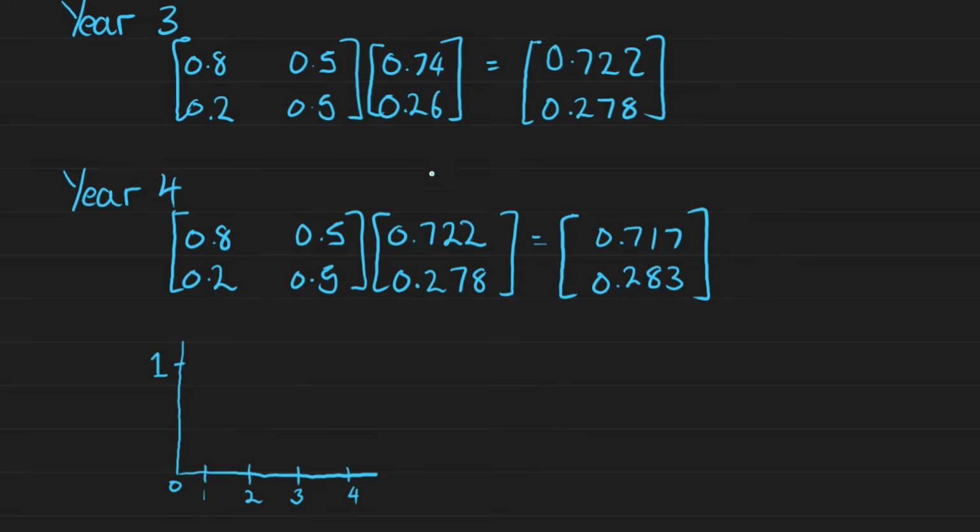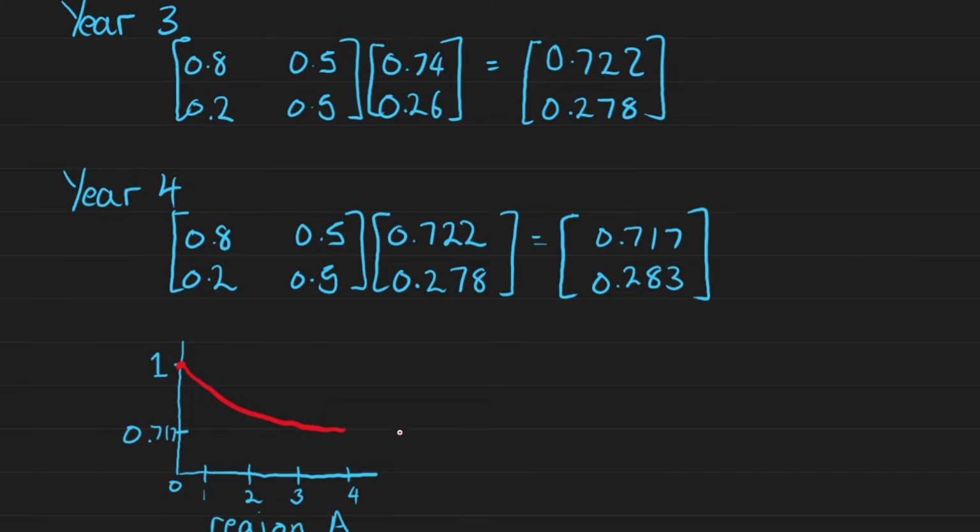And then we kept doing this calculation to calculate the proportion of people in region A, so this is region A. And at year 3, we had 0.722, and 0.717. So we started off perhaps here. And we can see that it kind of starts approaching a constant value at a certain point.